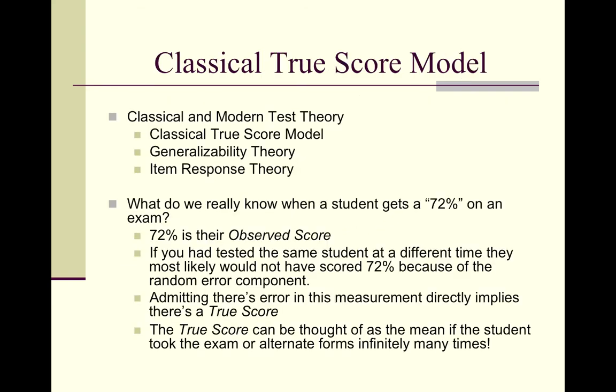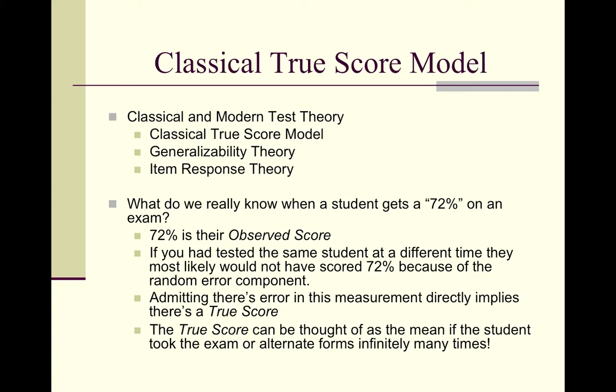Now, guys, we get into the cool stuff here. When we get into test theory, there are 3 types of test theory, and we're going to focus primarily on the classical true score model, but there is more modern test theory as well. I'm not going to get into these in this video, but I will address them in future videos.